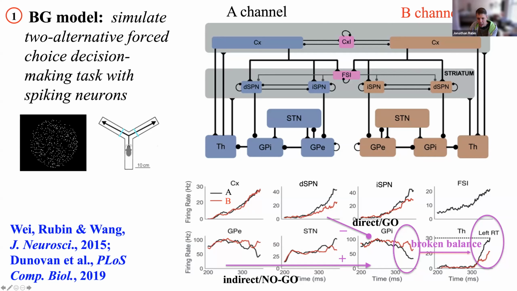So for a while that produces a balance: one side is trying to suppress it, one side is trying to promote it. But eventually the balance breaks, which means the downstream target is freed from inhibition, and whichever side is freed first reaches decision threshold and a decision is made. So that's the way this network, this model works.